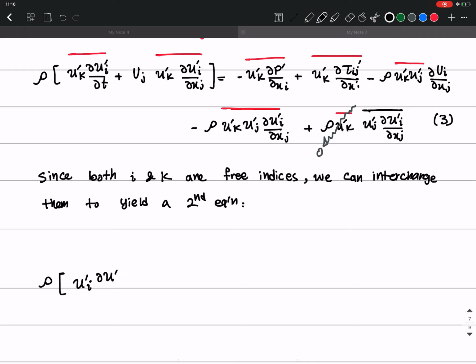So partial u prime k over partial t bar plus Uj u prime i partial u prime k over partial xj. This is the left hand side.